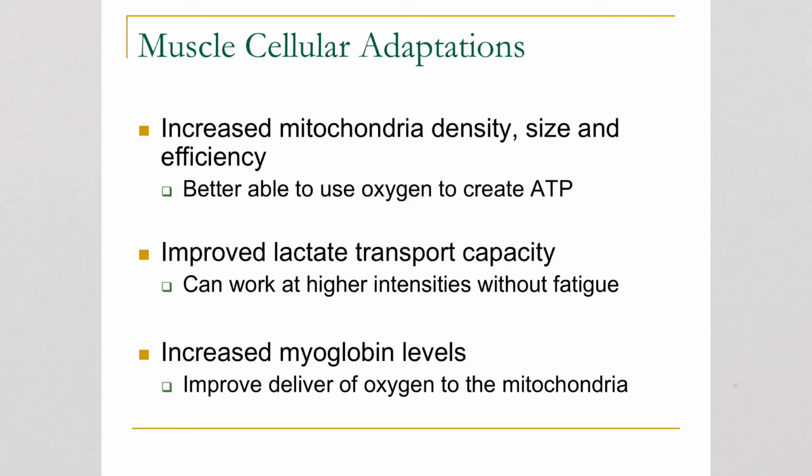Other things happen too: we do a better job of creating ATP. With muscle cellular adaptations, mitochondrial density improves and the size increases. We do a better job of getting lactate out of our muscles, to decrease muscle soreness and those feelings of stress and anxiety when we exercise. Also, our myoglobin levels improve, so we do a better job of delivering oxygen to the mitochondria itself.